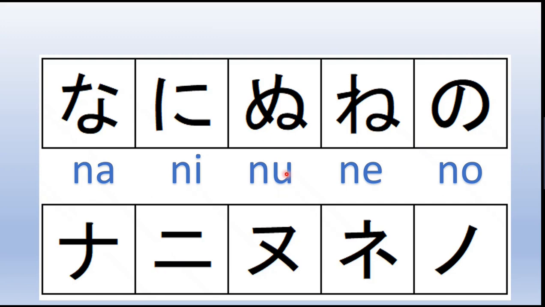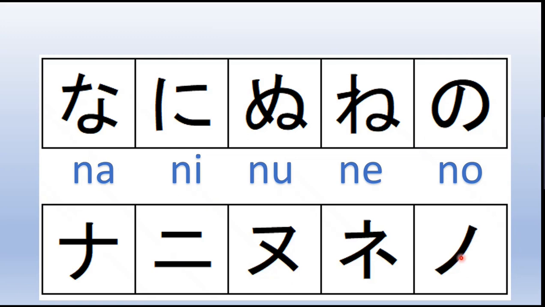Nu also has some similarities, like this portion has been taken here and this portion has been adopted like this. Ne also has similarity. As you can see, the two are pretty similar. And in the case of no, only this portion has been adopted in katakana.